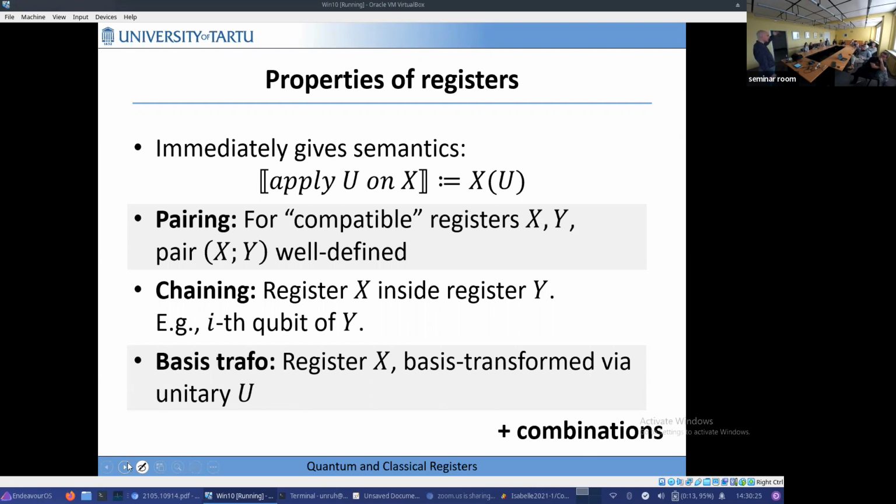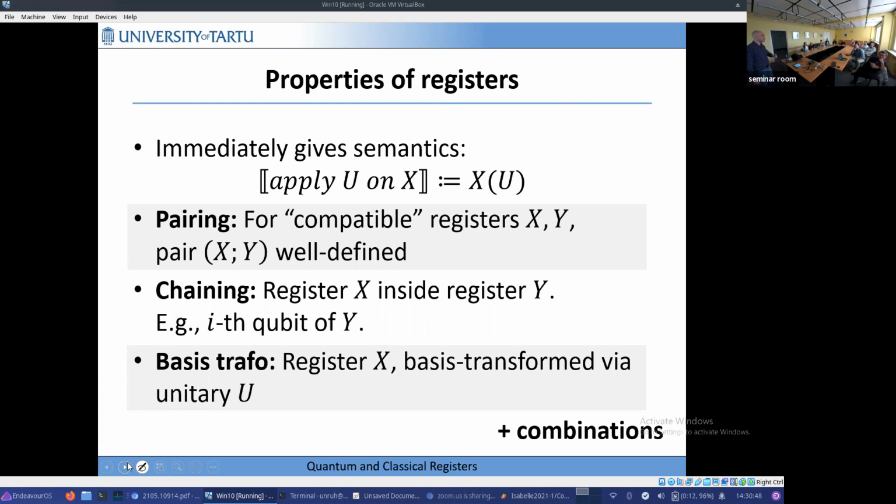I already had it. X is mapped to identity tensor X tensor identity. So I just need to check that this function satisfies the axioms, and then I see yes. So some basic constructions of registers satisfy it. That is good because it shows that quantum registers actually exist. I didn't define something vacuous.